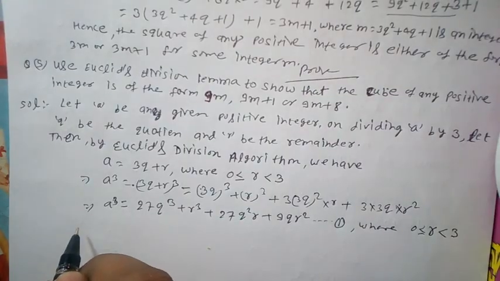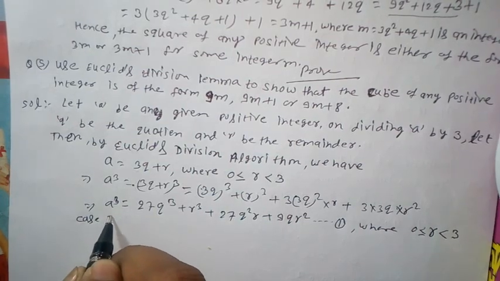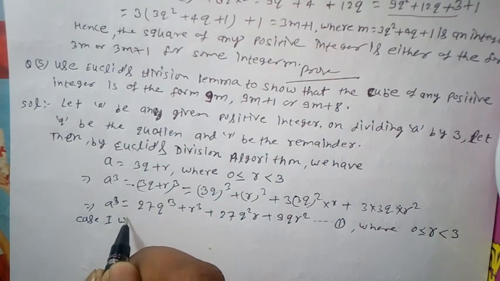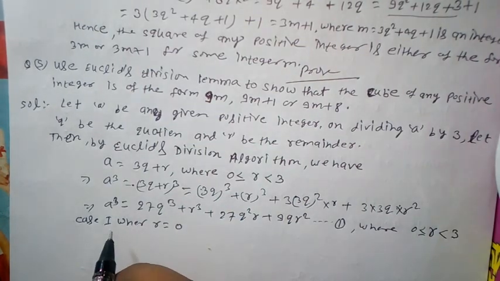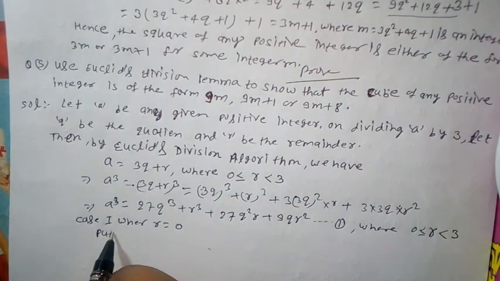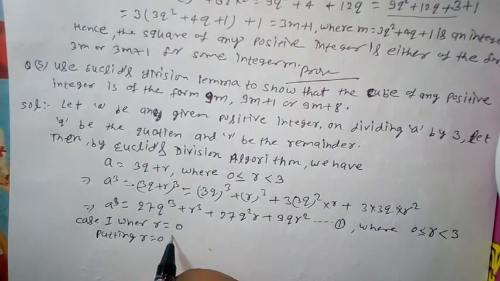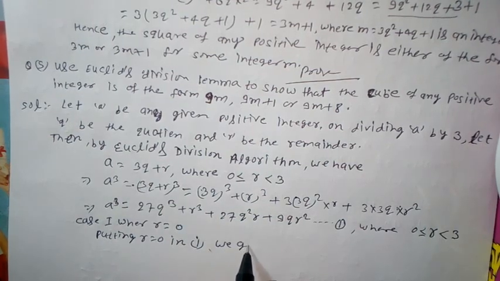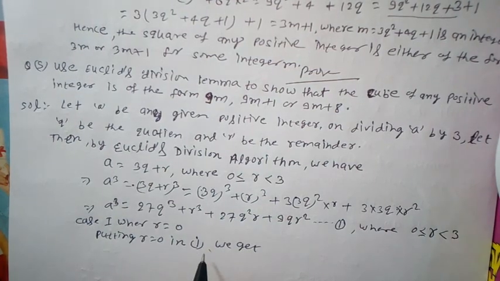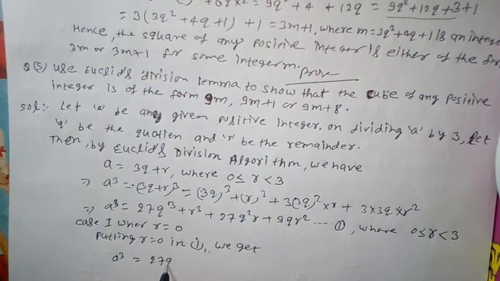Case 1: when r is equal to 0. Putting r is equal to 0 in equation 1, we get a cube is equal to 27 q to the power 3.